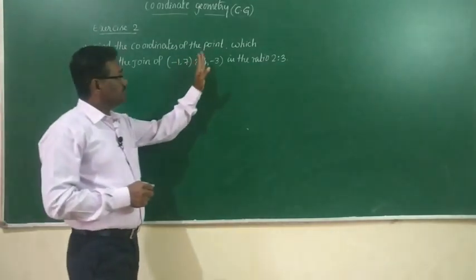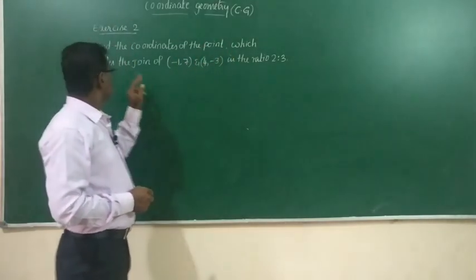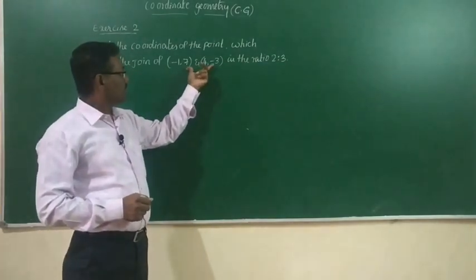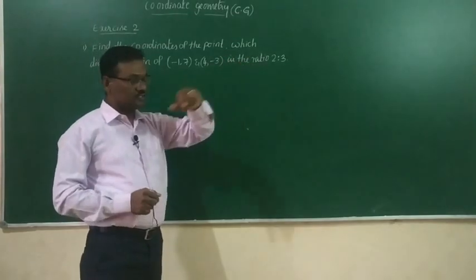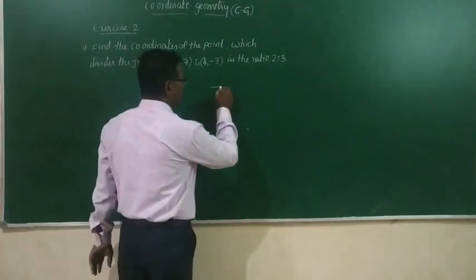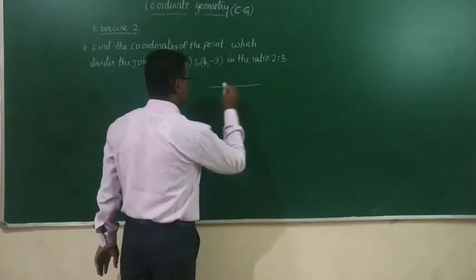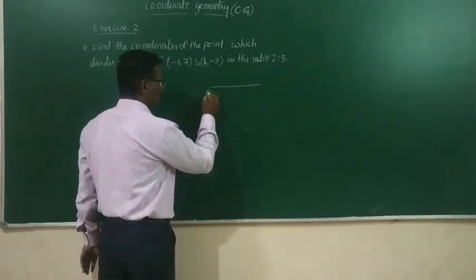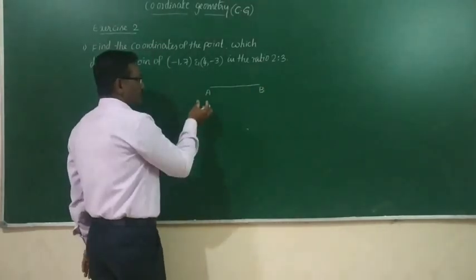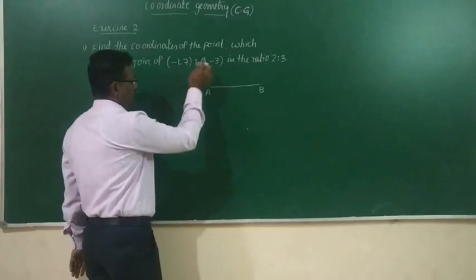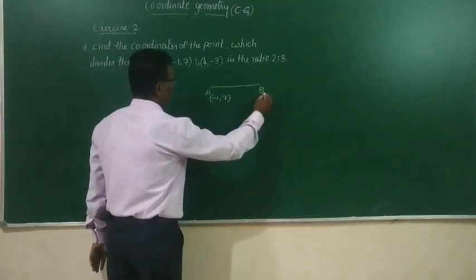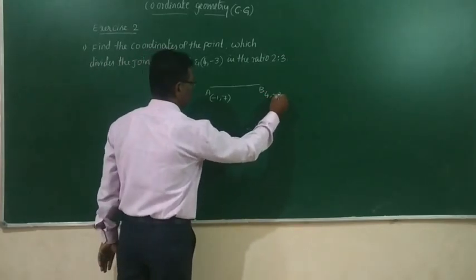Find the coordinates of the point which divides the join of (-1, 7) and (4, -3) in the ratio 2:3. Here there is a line segment joining the 2 points A and B. A is (-1, 7), B is (4, -3).